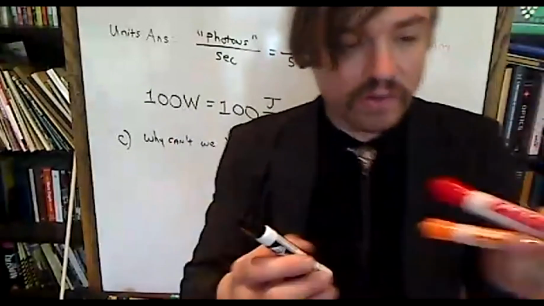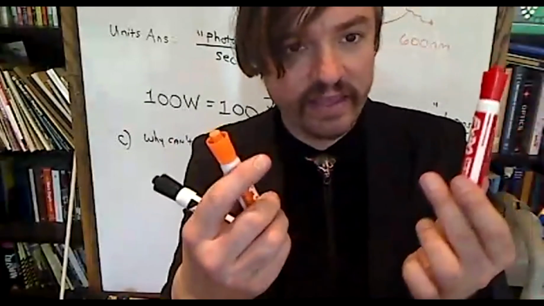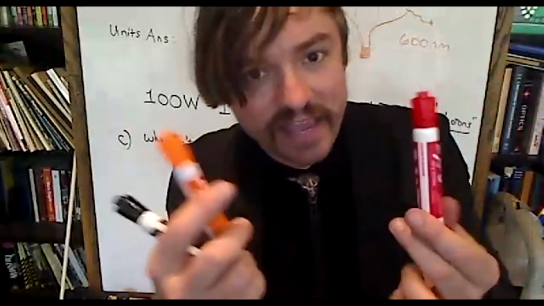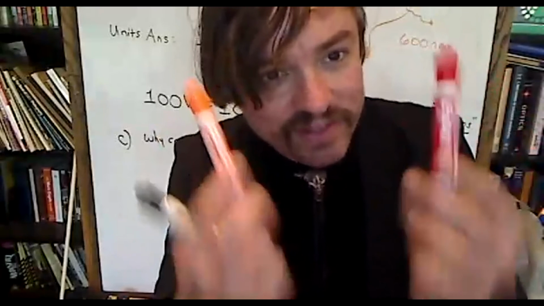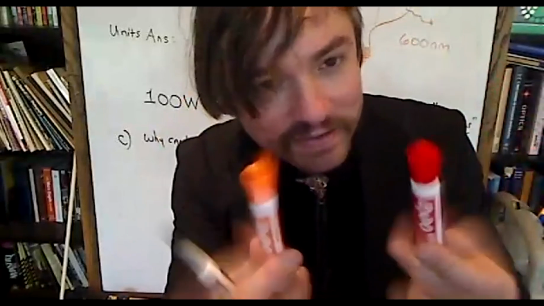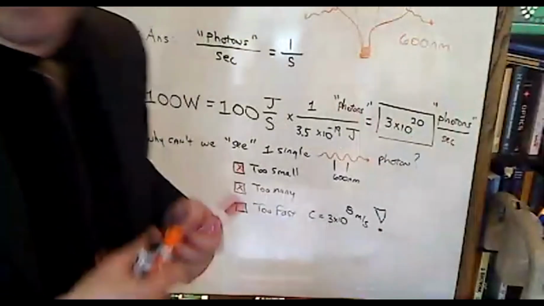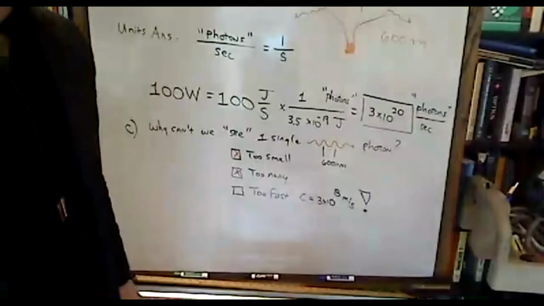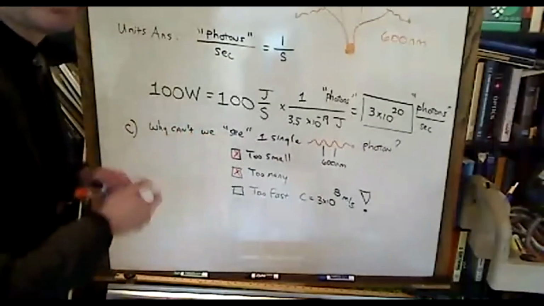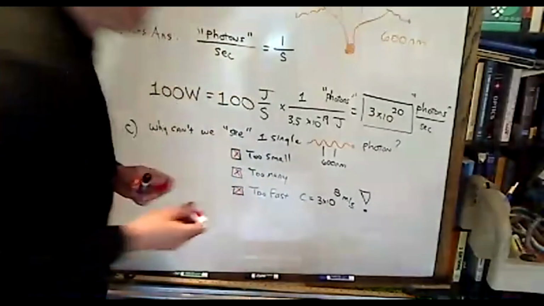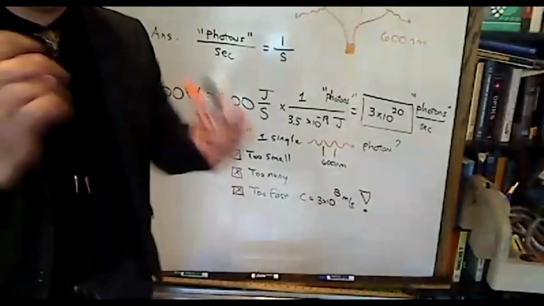And yet, here's a problem with that. All light travels at 3 times 10 to the 8 meters per second. So you see where I'm going with this. If light was too fast to see, we wouldn't see any light. It's not that they're too small. It's not that there are too many. And it's not that they're too fast.